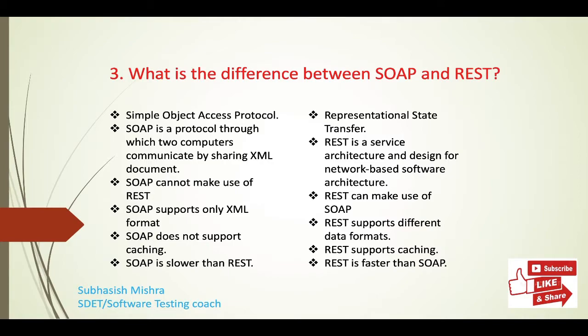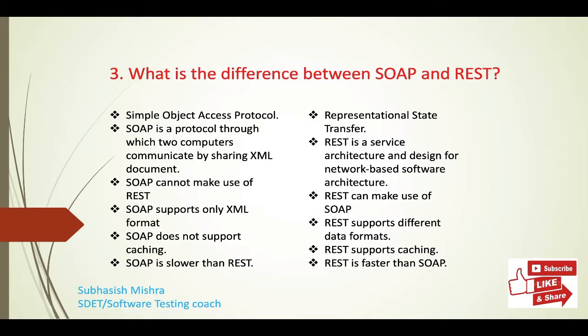REST is known as representational state transfer. REST is a service architecture and designed for network based software architecture. It is like a design pattern to create an API. REST can make use of SOAP as an underlying protocol for web services because in the end it is just an architectural pattern.